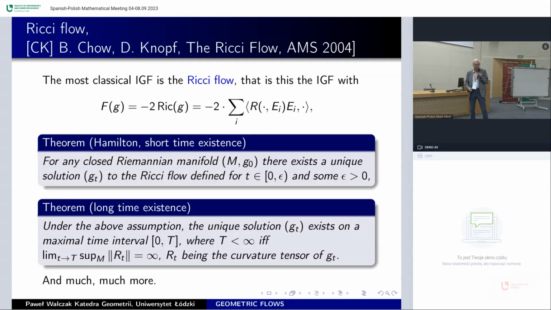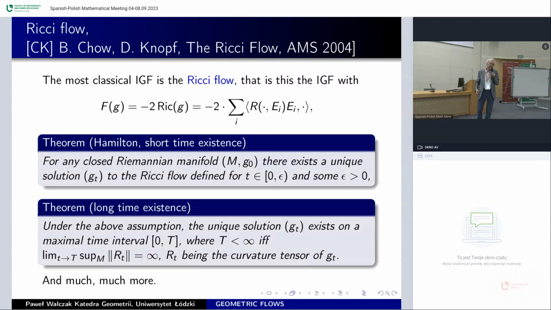Why is it important? I can explain it on the next slides. But anyway, the first question is always: this equality, the differential of g_t over dt equal to capital F of g_t, looks like a system of partial differential equations. Therefore, as usual in the theory of differential equations, the first question is about existence and uniqueness of solutions.